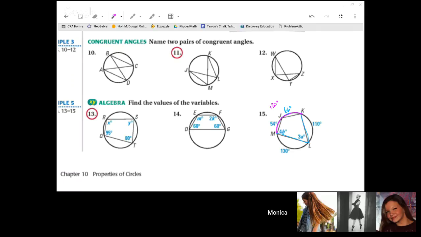So if we take the measure of the arc, which is 120, and divide that by 2, it should give us angle L, which is 3A. Does that make sense? So then we can solve for A that way. Now for the other side, I'm going to erase those, okay?